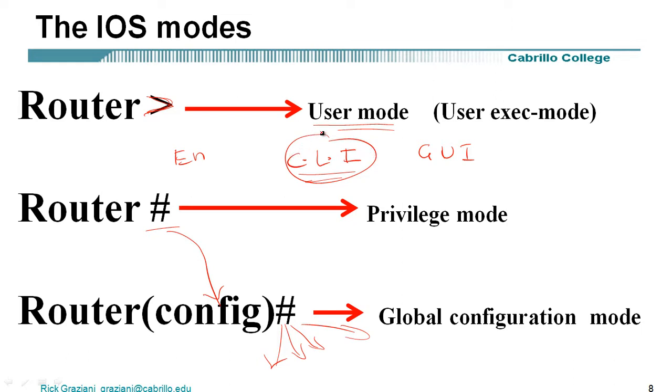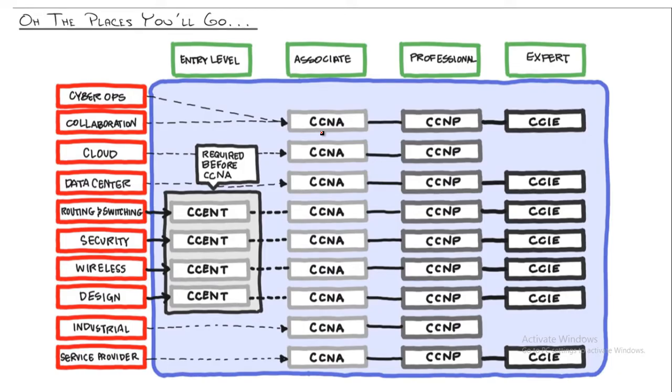Rarely will you find somebody who has done all that. Anyway, I think I have belabored that point. These are the various tracks that we can go through. As you know we are in CCNA routing and switching, but you can see security, and you can go all the way to CCIE, all that.